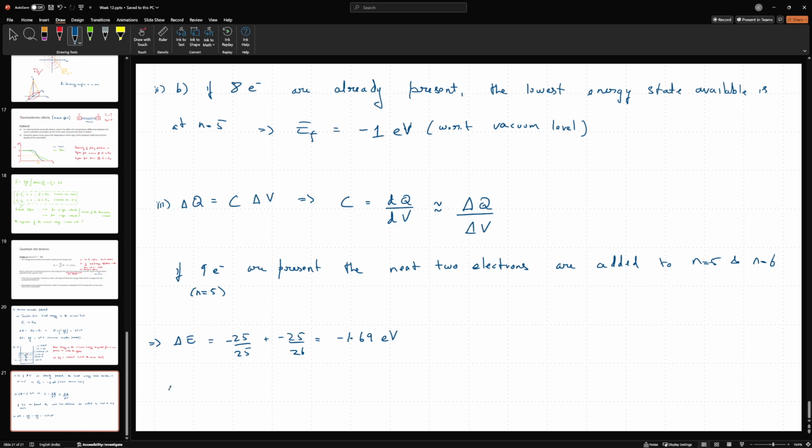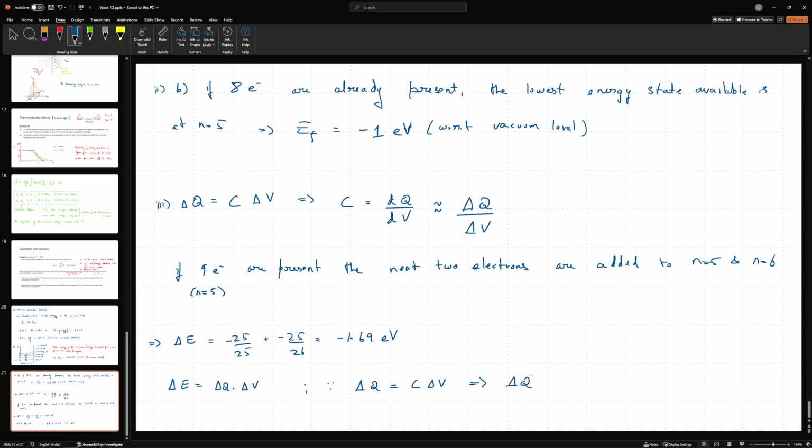Now remember, delta E is actually equal to delta Q times delta V, by dimensional analysis. Since delta Q is equal to C delta V, multiply by delta Q on both sides.